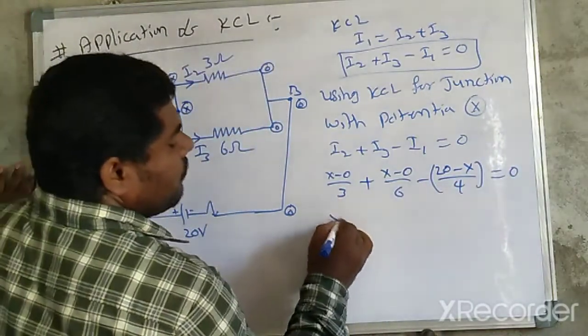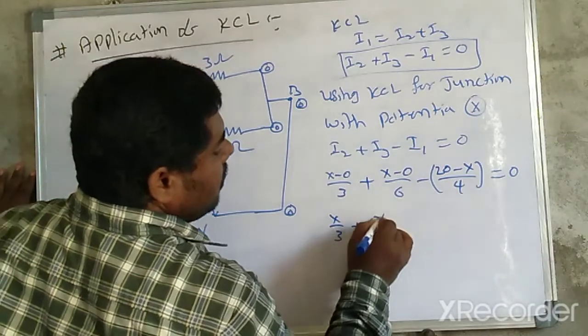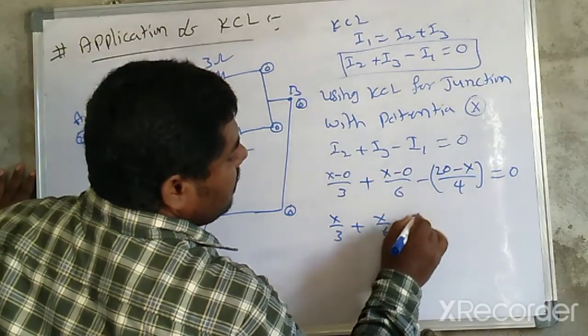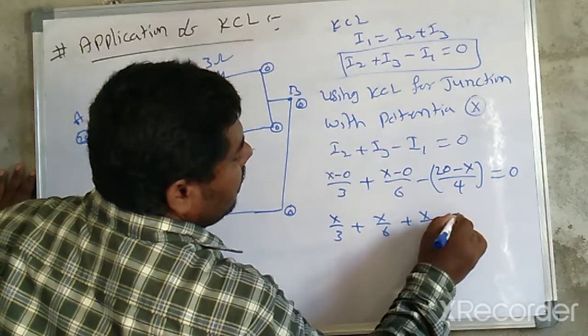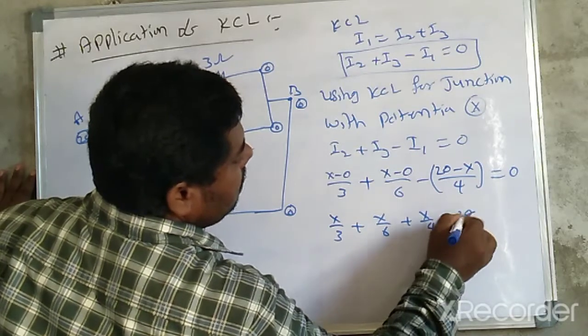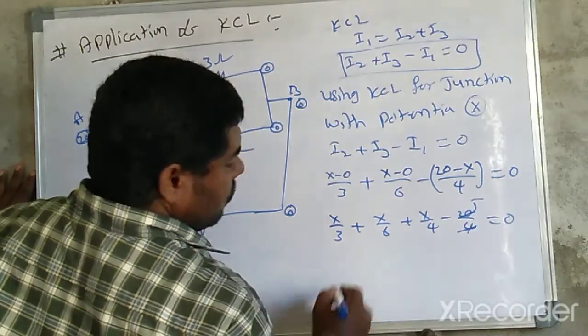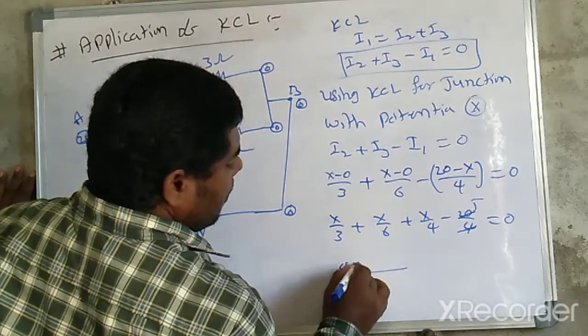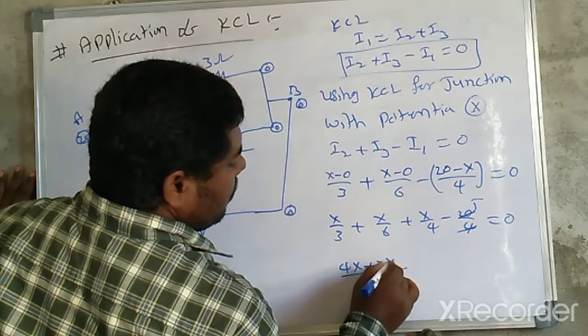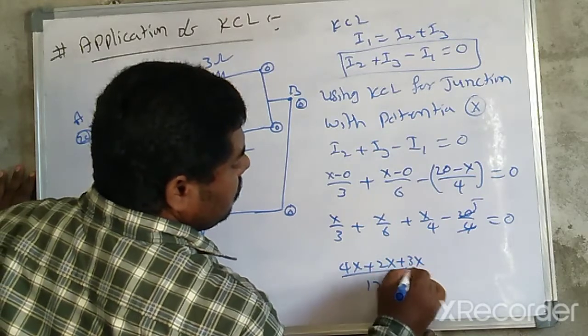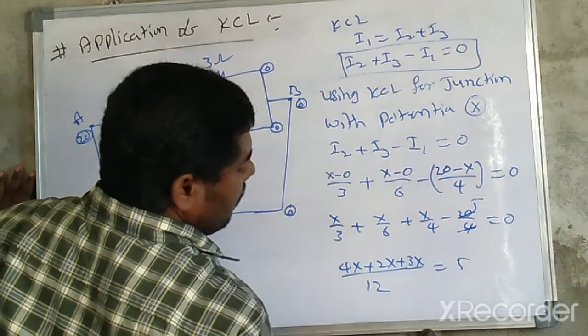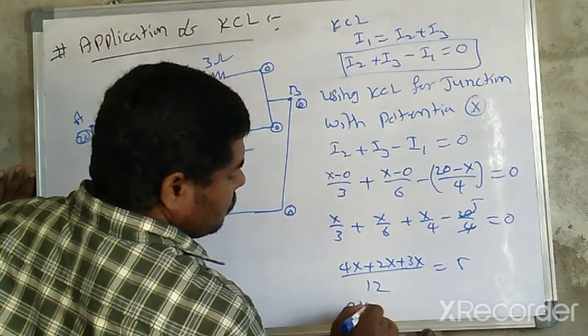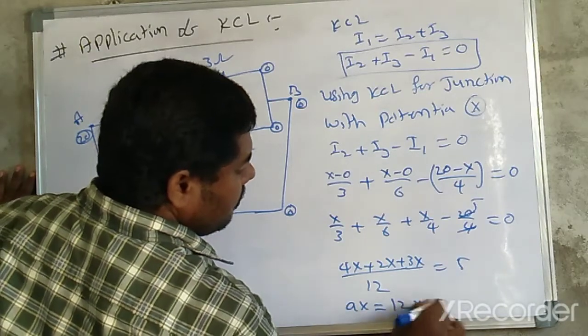So the final: X by 3 plus X by 6 plus X by 4 minus 20 by 4, this is 5, should be equal to 0. Take LCM 12. So 4x plus 2x plus 3x should be equal to 5 times 12. So 9x is equal to 12 into 5.